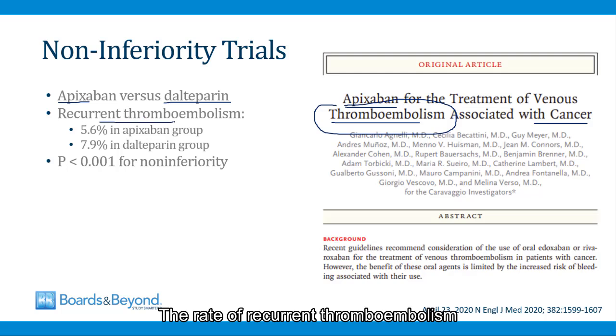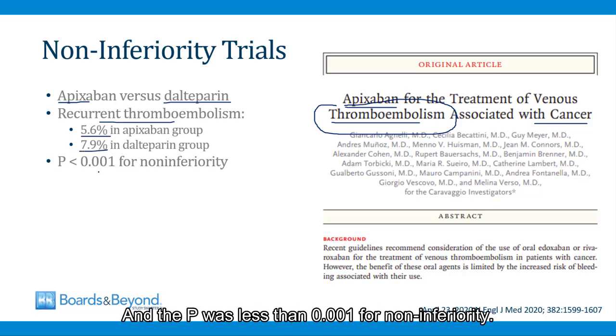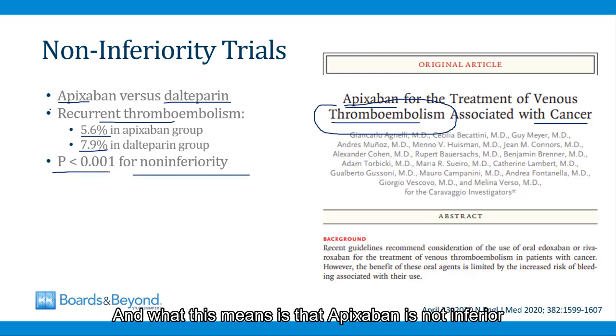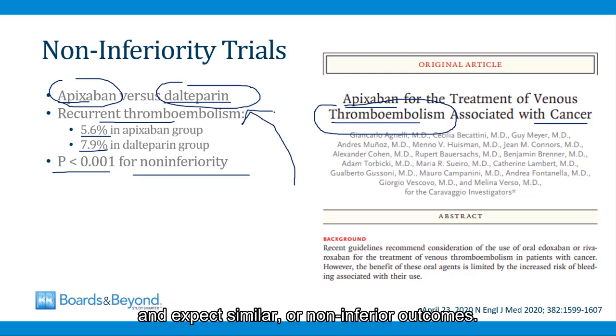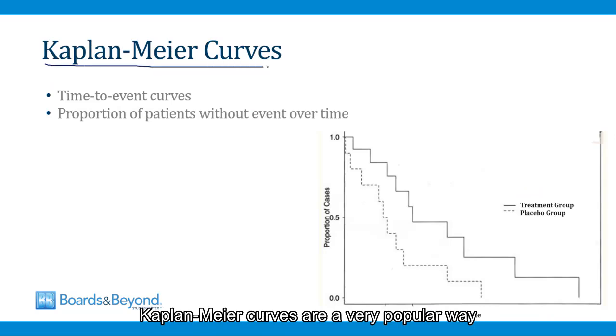The rate of recurrent thromboembolism in the two groups was 5.6% in apixaban and 7.9% in dalteparin, and the p was less than 0.001 for non-inferiority. And what this means is that apixaban is not inferior to dalteparin, and you can use apixaban and expect similar or non-inferior outcomes.